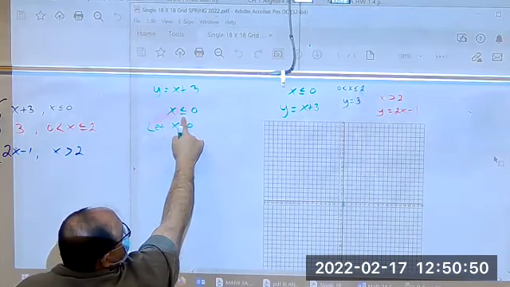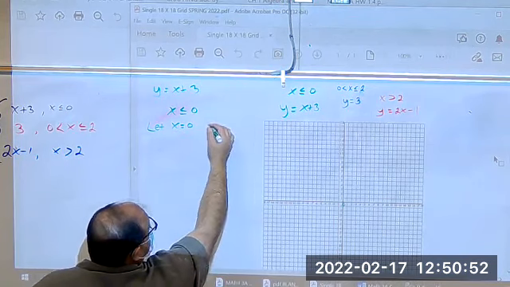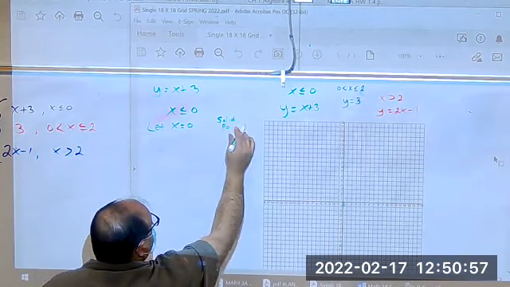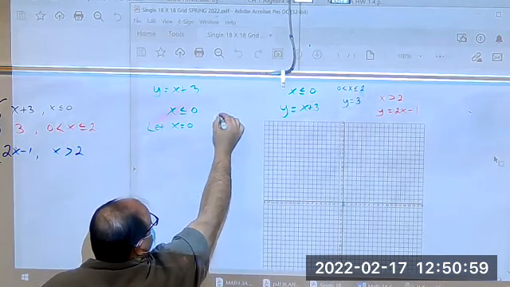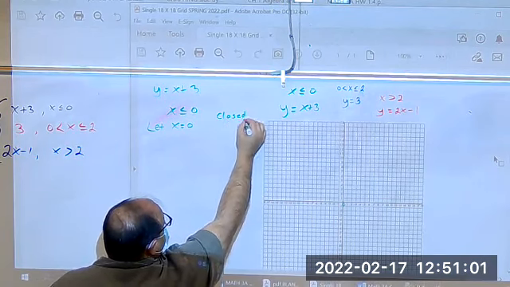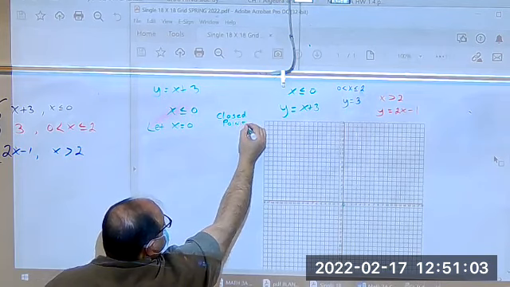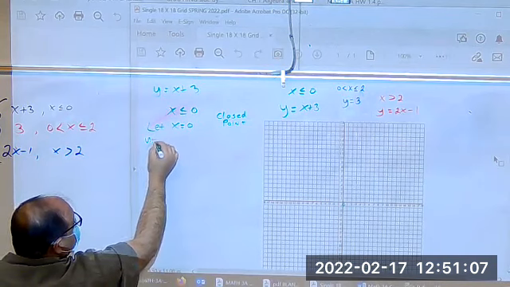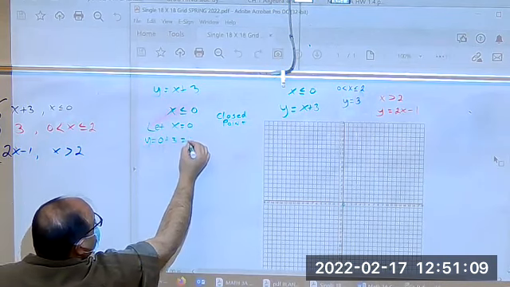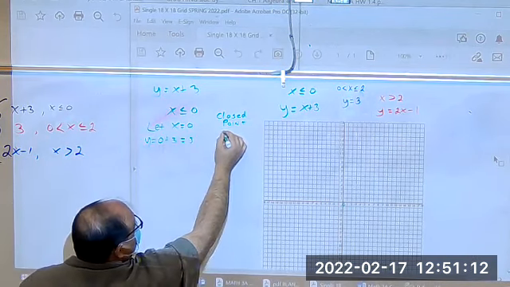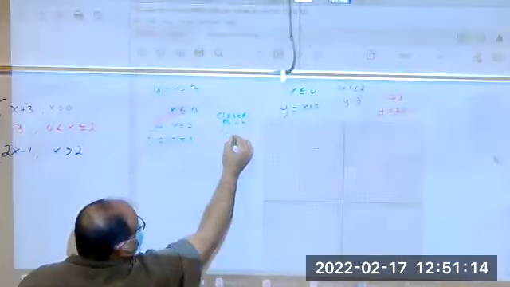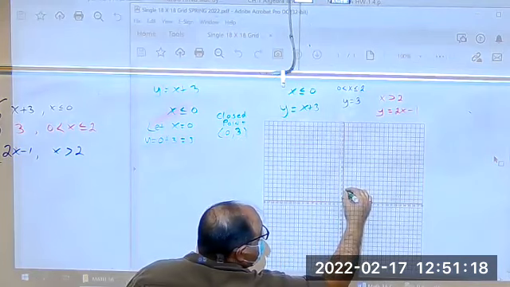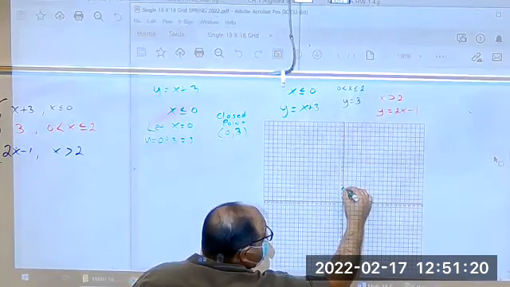Now, because there's an equals, less than or equals, when I plot the point, it's going to be a solid point. Or actually, they use the word closed. It's going to be a closed point. So, y equals 0 plus 3. Hey, that's a 3. So at x equals 0 and y equals 3, right here, I get a closed point.